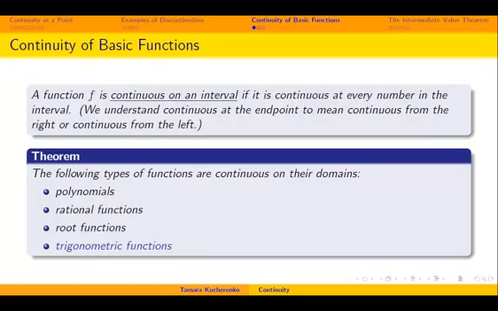These facts are quite intuitive because the graphs of these functions do not have any visible breaks on their domains. However, the formal proof of this theorem would be a rather lengthy digression, which we omit.